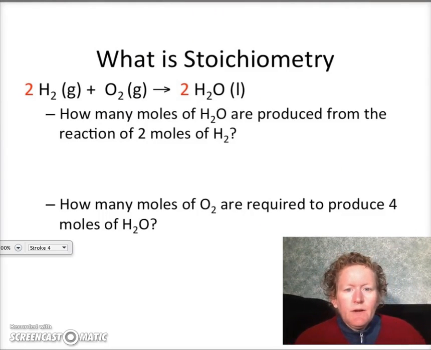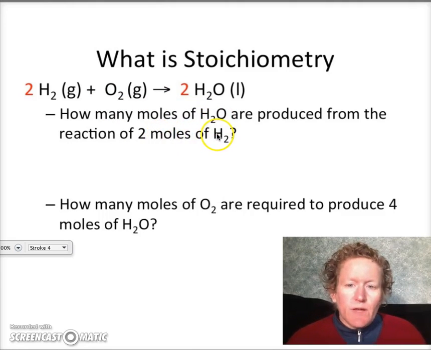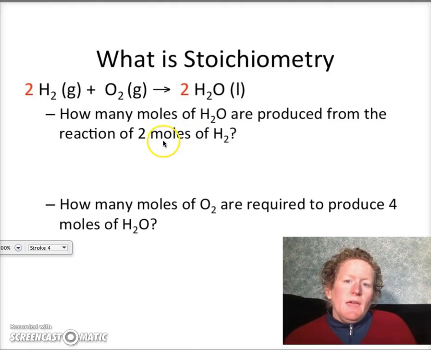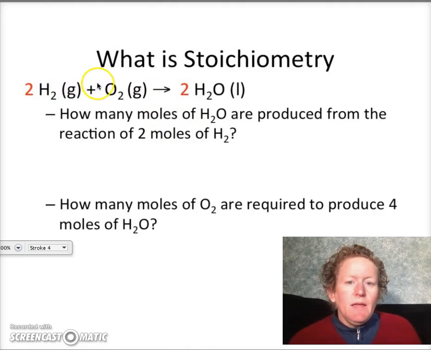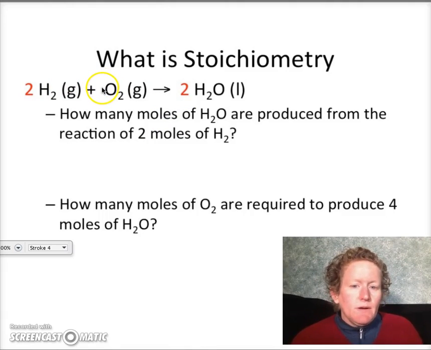You can see here how many moles of H2O are produced from a reaction of 2 moles of hydrogen. And it's the coefficients here that are really key. I put them in red. If you don't see a number here, you assume it's 1.